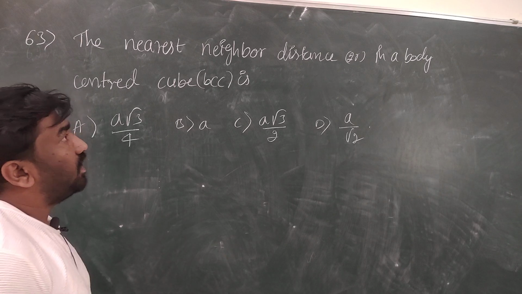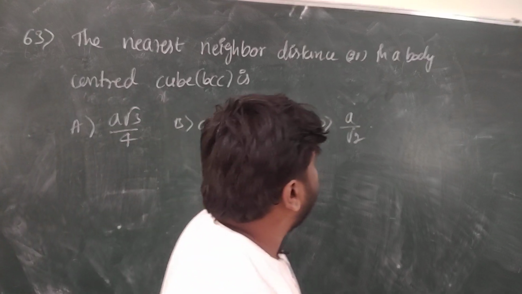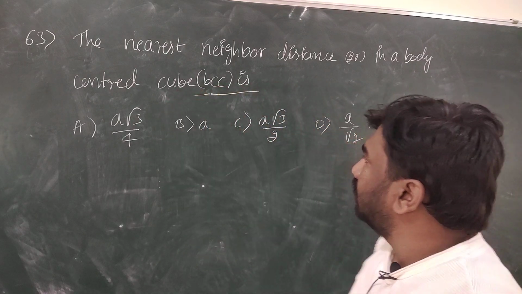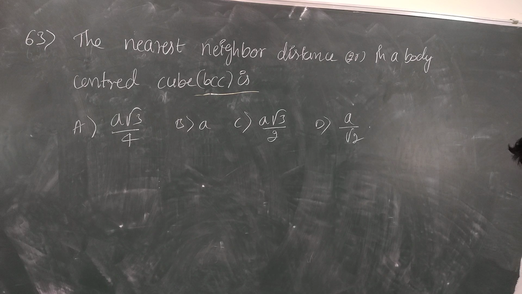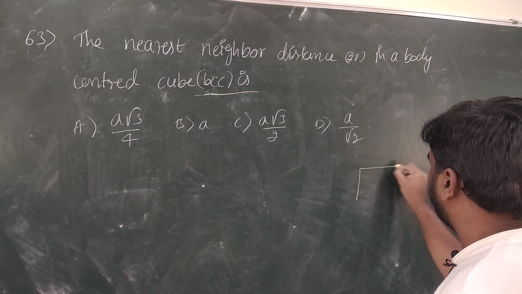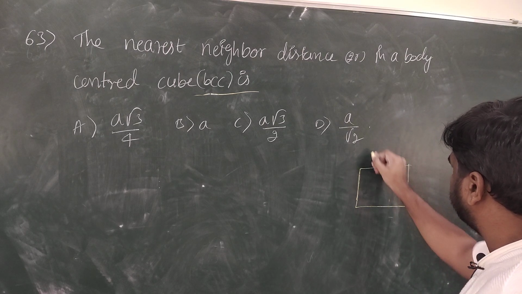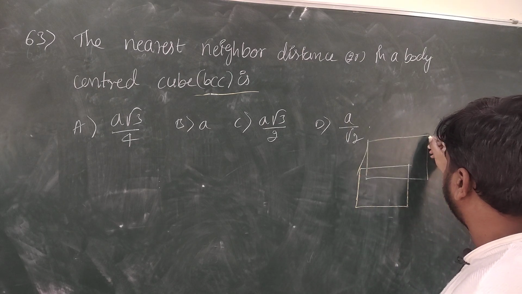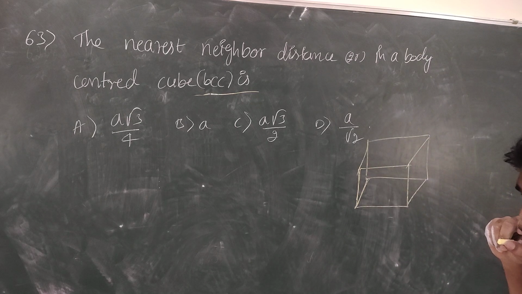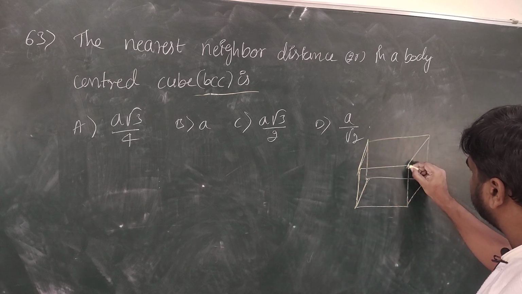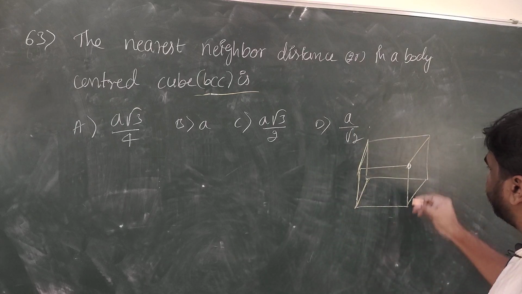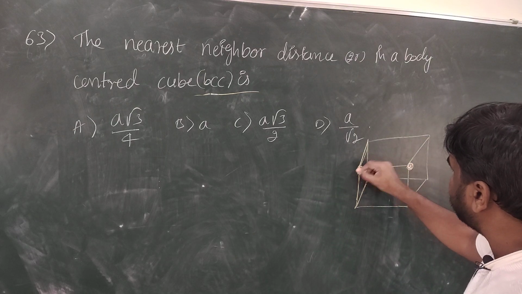The nearest neighbor distance 2R in a body centered cubic (BCC) lattice is... See, BCC means body centered cubic lattice. These are all the positions of the lattice points.